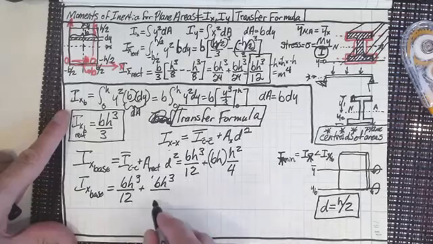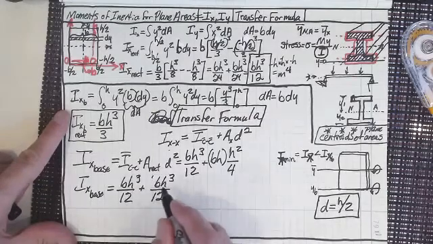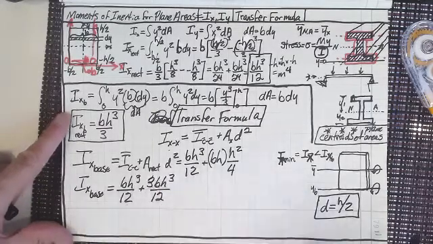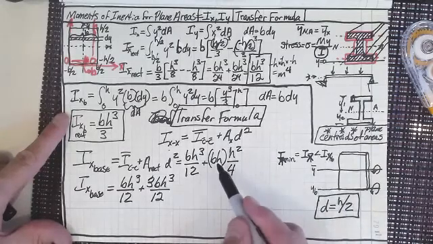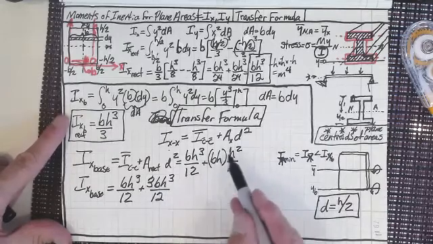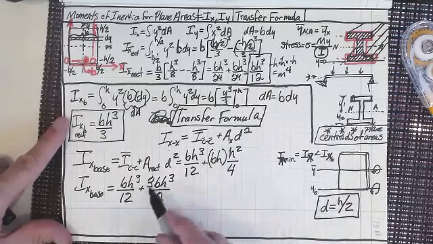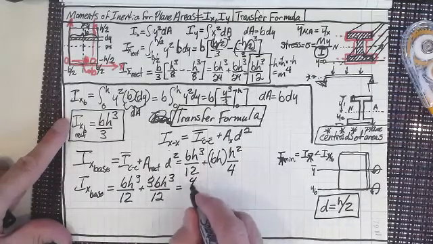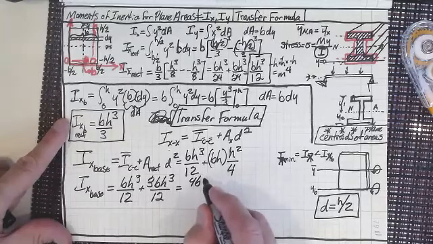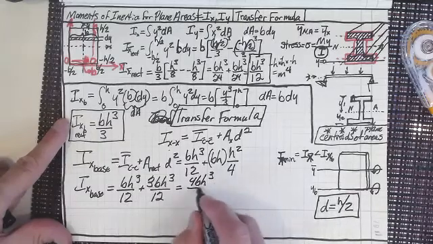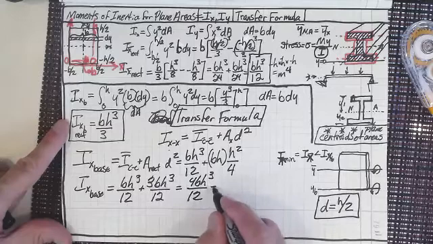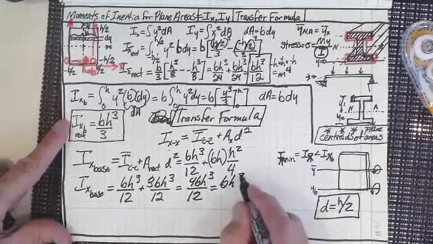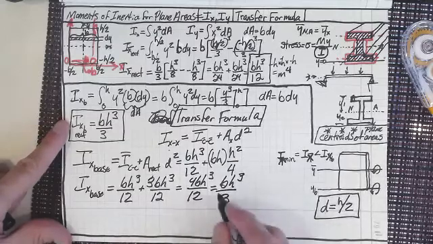But if I make it over 12, isn't it 3 bh cubed over 12, the same as bh cubed over 4? It's common denominators, that's the reason I'm doing it. And so that would give us 4 bh cubed over 12, or bh cubed over 3.